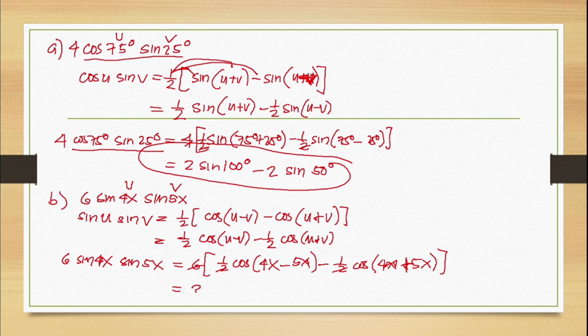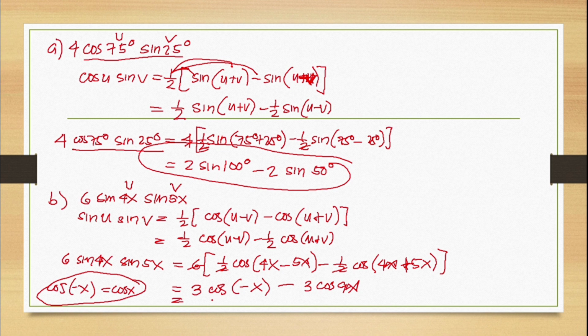So we have 3 cos negative x minus 3 cos 9x. Take note, we have the negative argument identity: cos negative x is equal to cos x. So therefore we have 3 cos x minus 3 cos 9x. This is the answer.